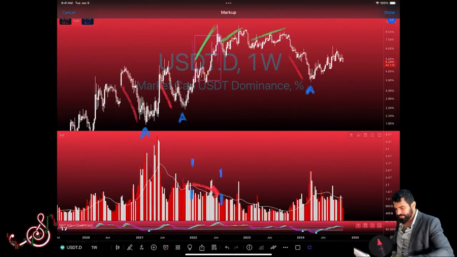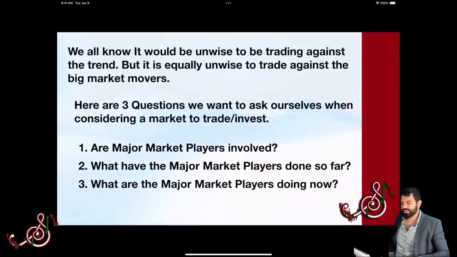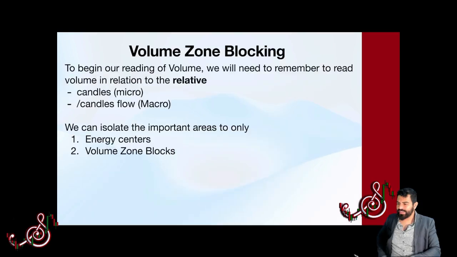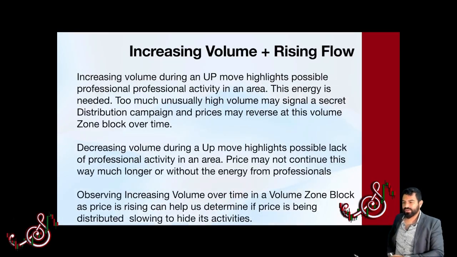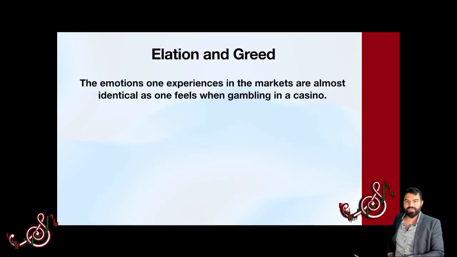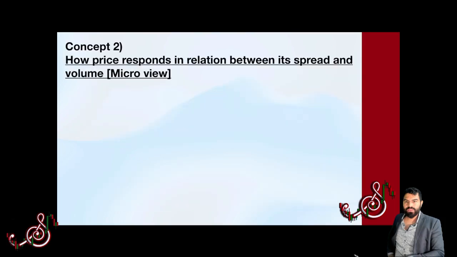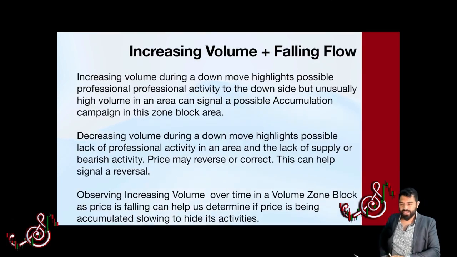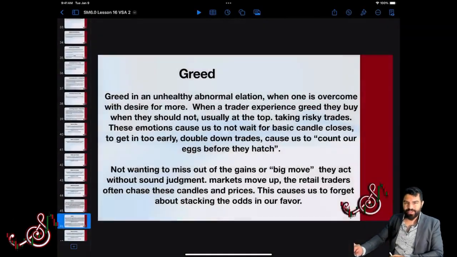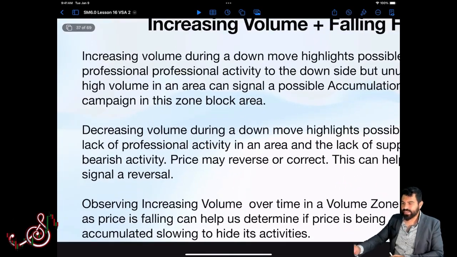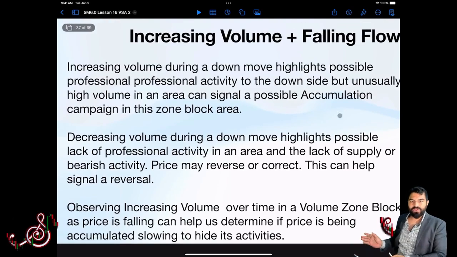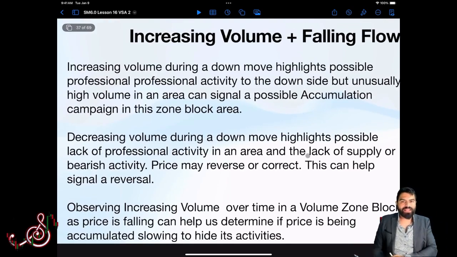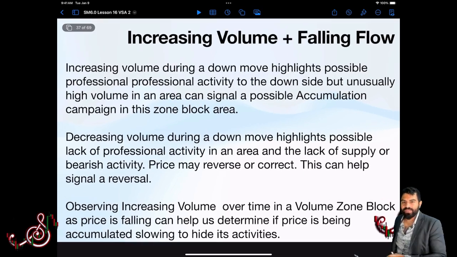Now we learned from the lesson I taught you guys today, that in a decreasing market, so increasing volume, rising, increasing volume, where is it? See the falling flow. We remember in the center paragraph, I said this: decreasing volume during a down move highlights possible lack of professional activity in an area and the lack of supply, or bearish activity, I should say.